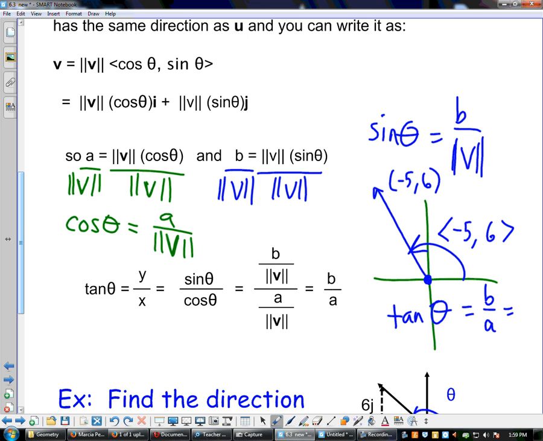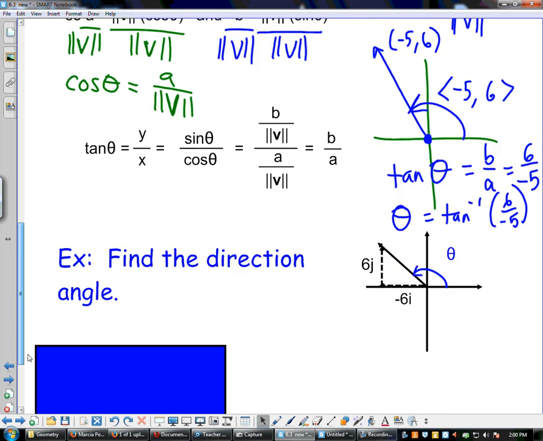So tangent of theta would be 6 over negative 5, and theta is going to be tangent inverse of 6 over negative 5. The only thing you need to watch out for is what quadrant you're in, because that will make a difference with your angle. We'll talk about that in just a minute.